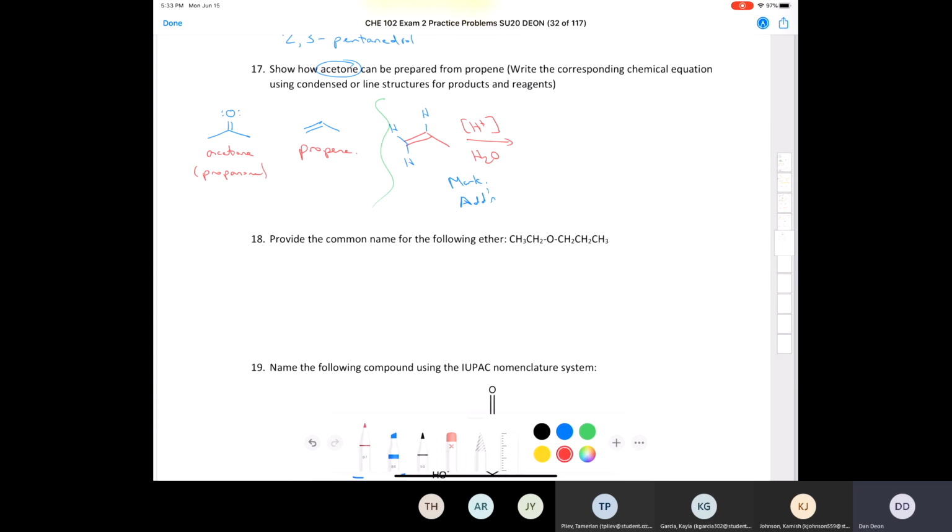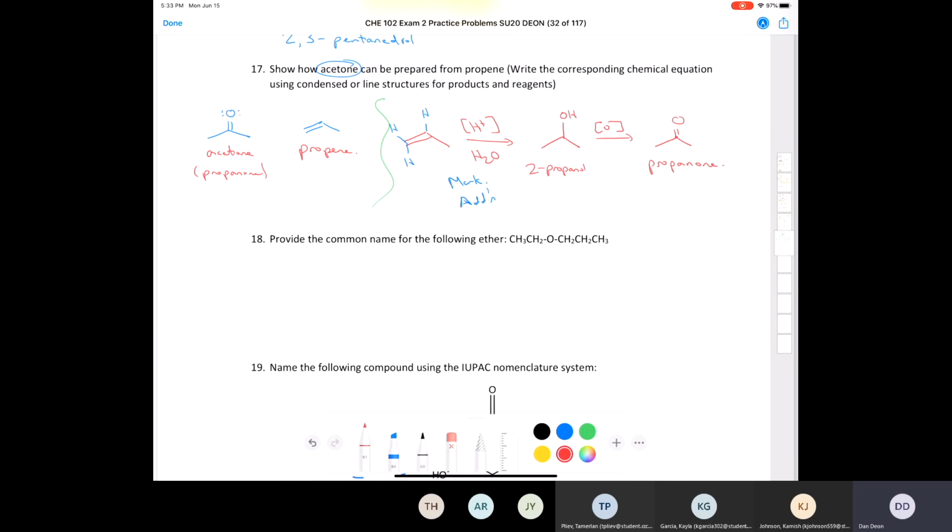And so when you do that Markovnikov addition, you would end up with this alcohol, which is 2-propanol. And then if I want to convert that into the ketone, I would oxidize that, and I would end up with propanone.